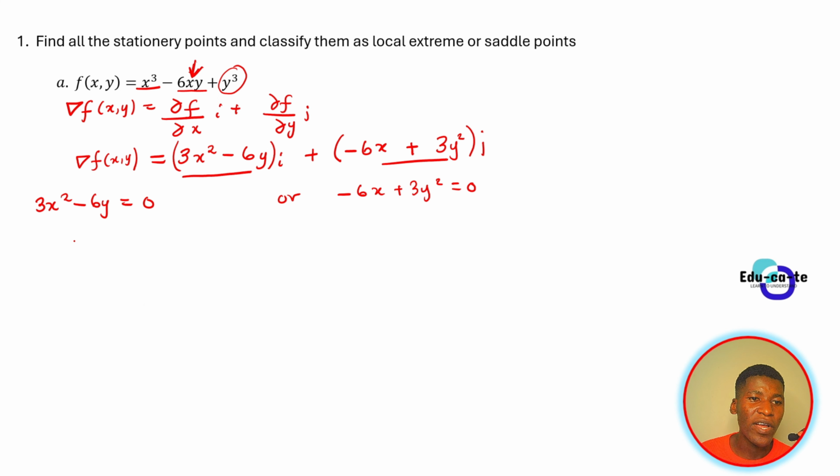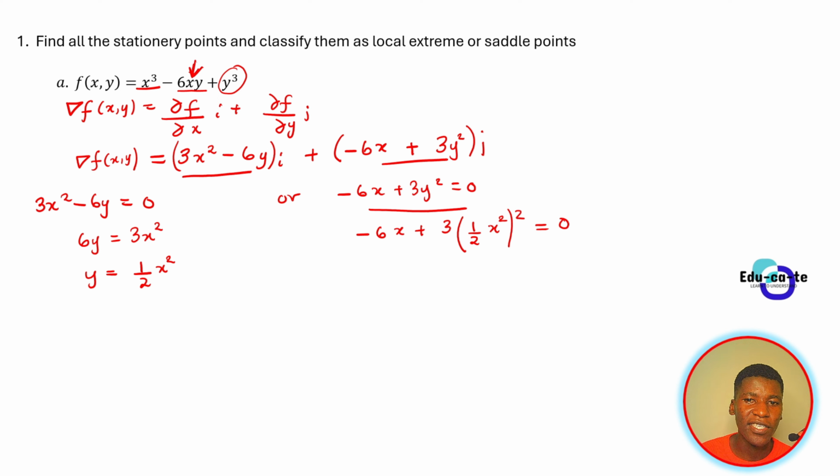So here, if we make y the subject of the formula, 6y is equal to 3x squared, and then in this case, y will be equal to 3 over 6, which is 1 over 2 x squared. So this is y as the subject of the formula. You now just substitute this into this equation and solve simultaneously. So now this will be negative 6x plus 3 times 1 over 2 x squared is equal to 0.